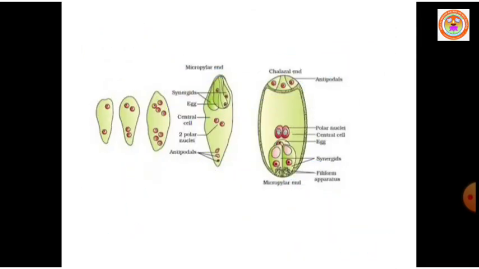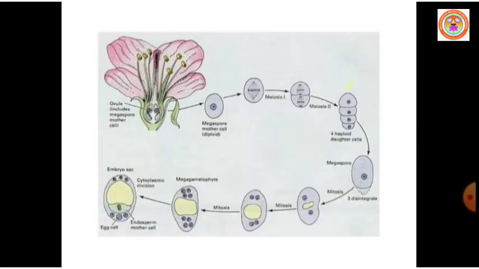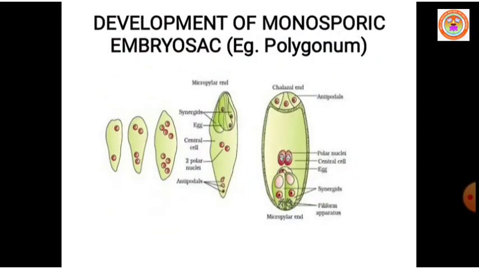You can observe how the embryo sac is developed from a single megaspore. Development of monosporic embryo sac is called the Polygonum type.